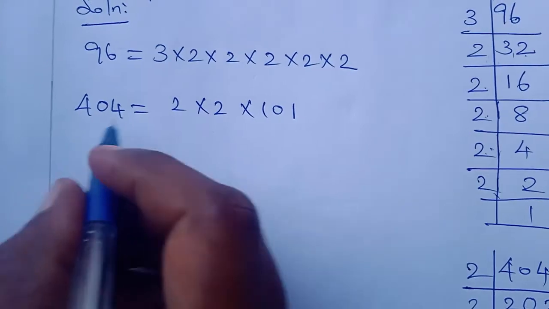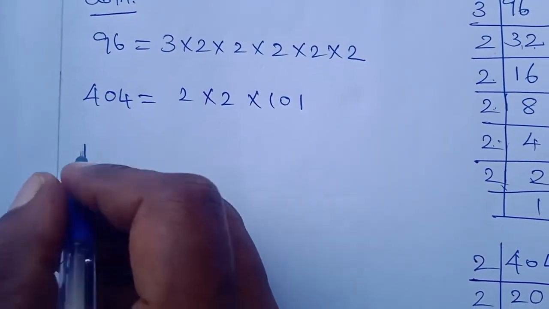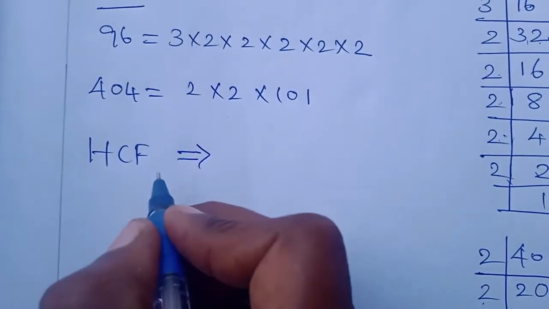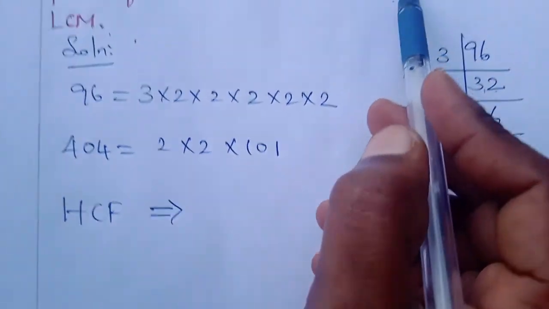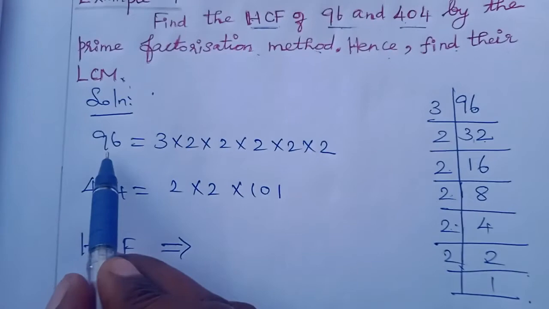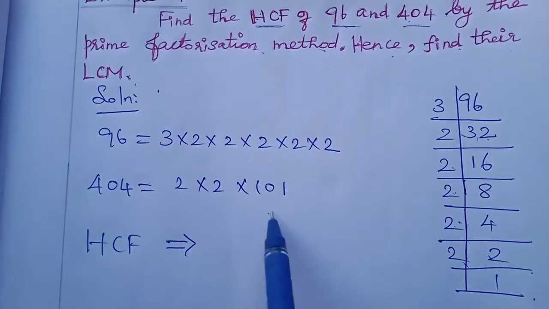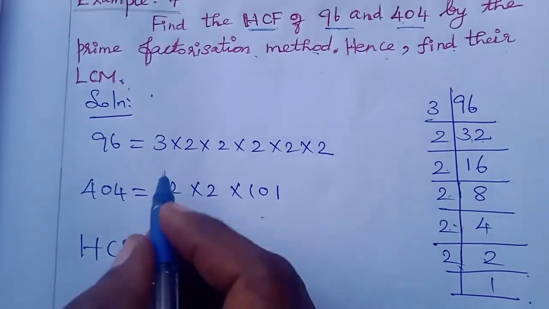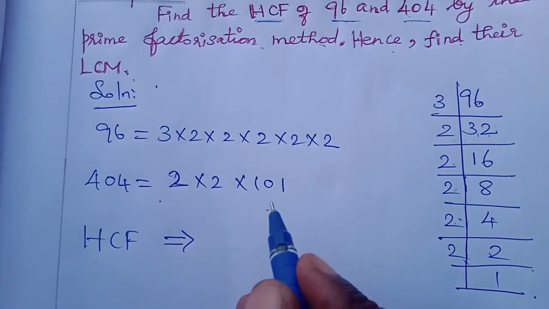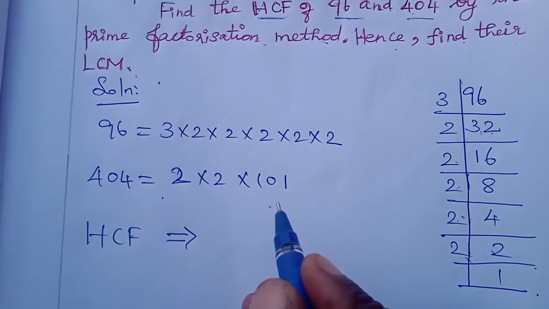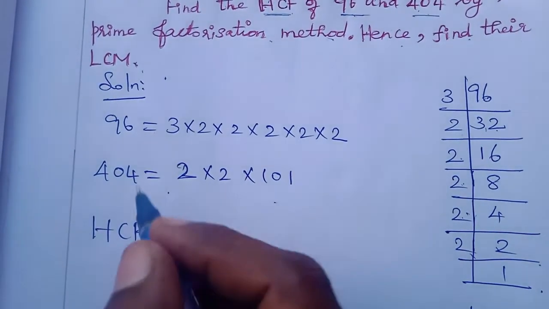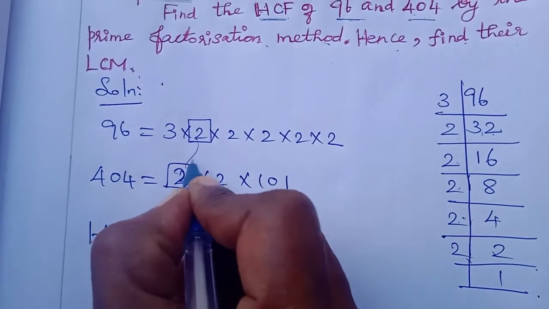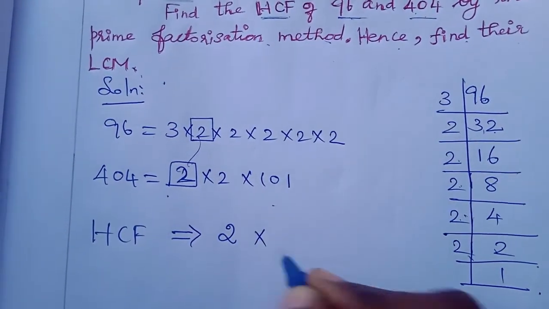Or else, no need to write all that; you just find the HCF first. HCF of 96 and 404. We already found the prime factors for 96 and 404. HCF means highest common factor. You must write only the common numbers. Here a 2 is there and here a 2 is there, so for these we write one 2.